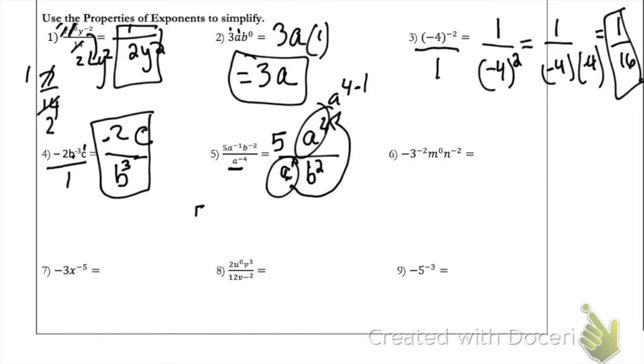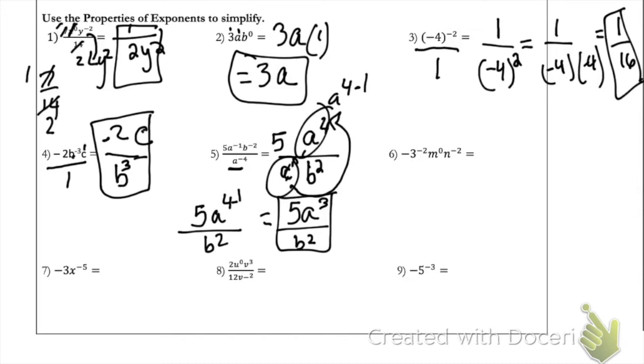So you have 5 a to the 4th minus the 1, because when you have the same base, you can subtract their exponents, 4 minus 1, right? And then that b to the second stays where it is. So here your final answer will be 5 a to the 4 minus 1, which is 3, over b to the second. And that will be your final answer.